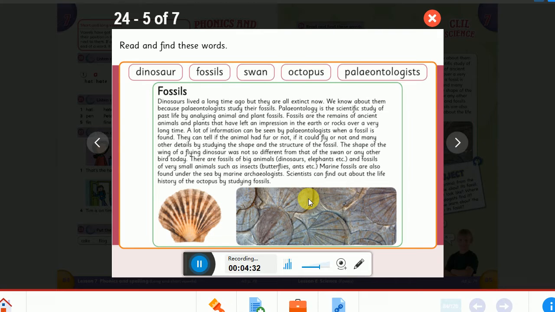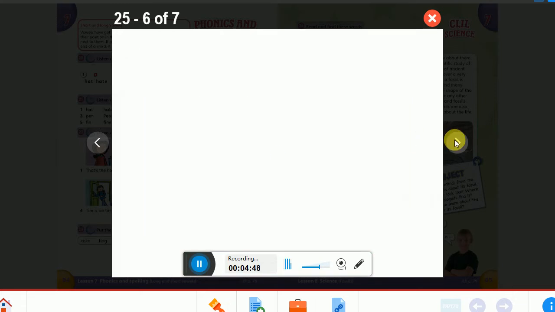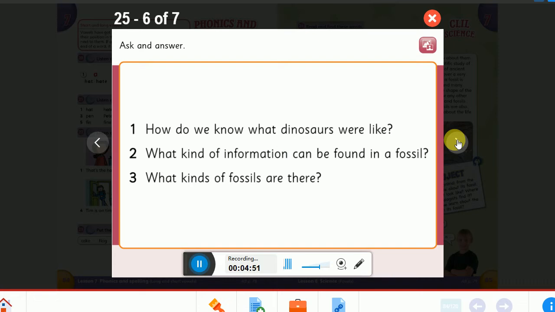And octopus is one of the marine sea animals. And paleontologists, who are paleontologists? Yes, paleontologists are the scientists who study fossils and who look for fossils. Good job. Let's move to the next activity.